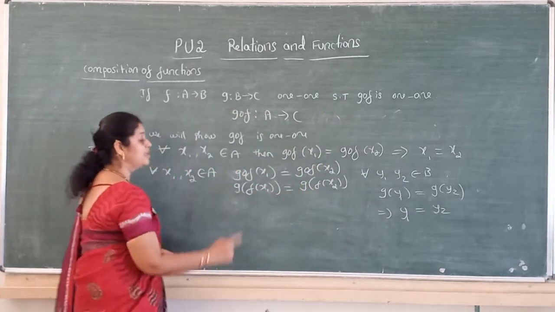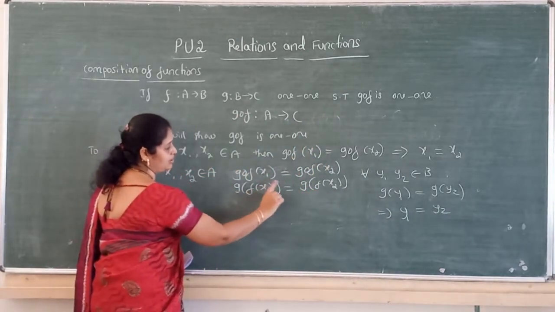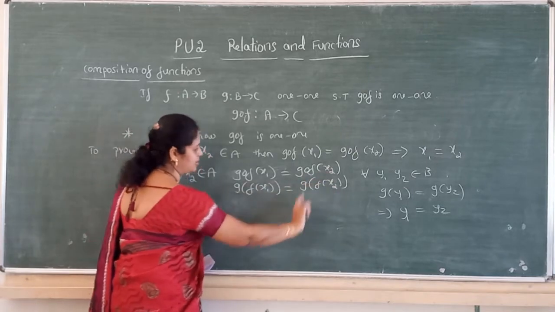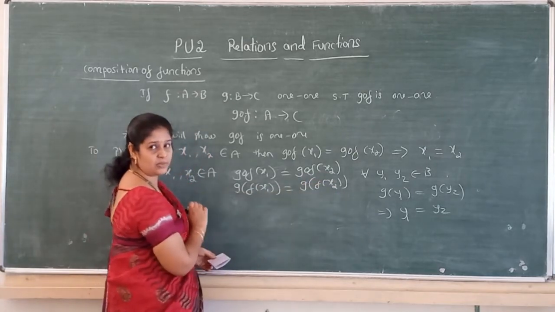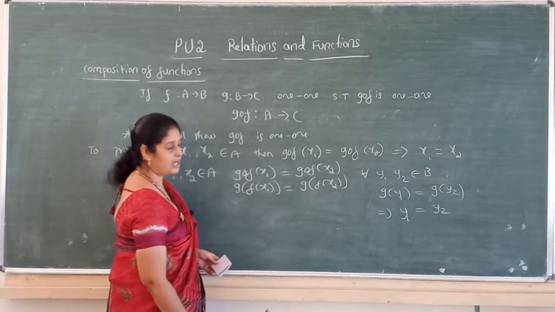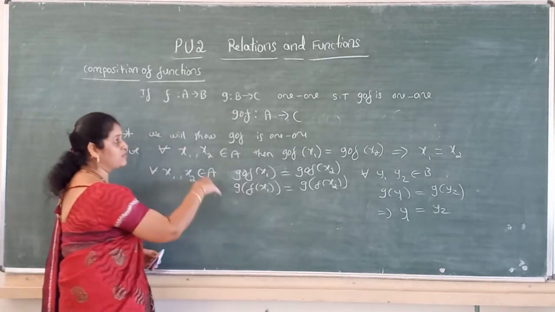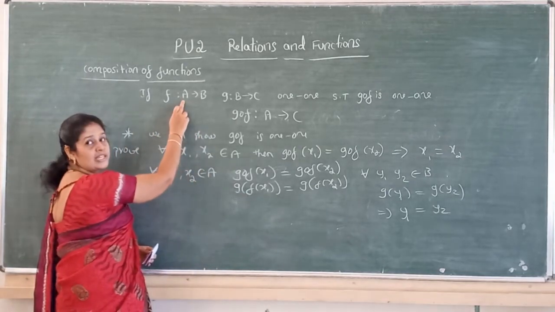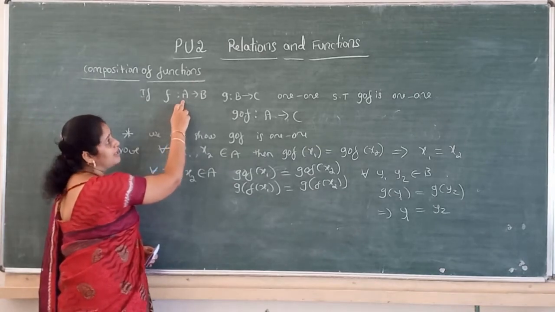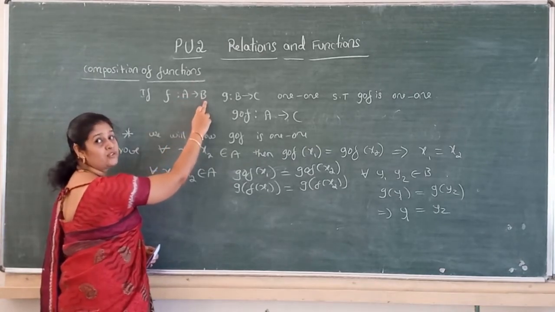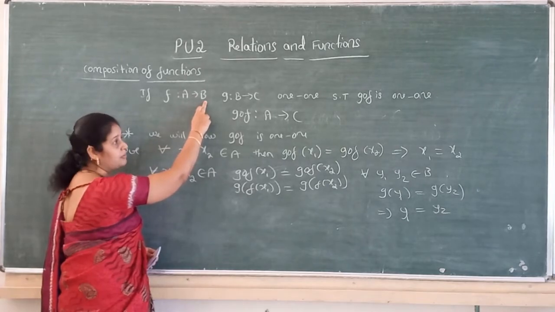Therefore, g of something equal to g of another, we can take f of x1 as y1 and f of x2 as y2, right? Because x1, x2 belong to A, f of x1 and f of x2 belong to set B, right?